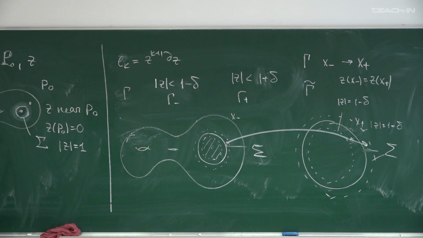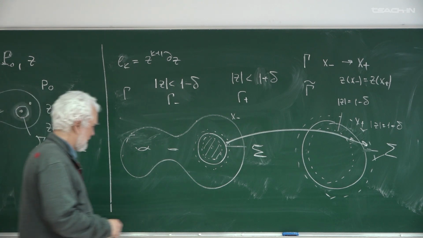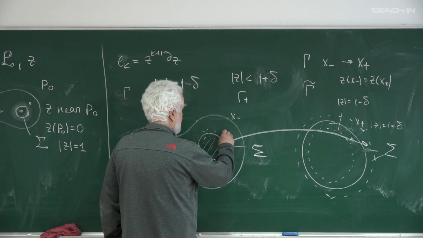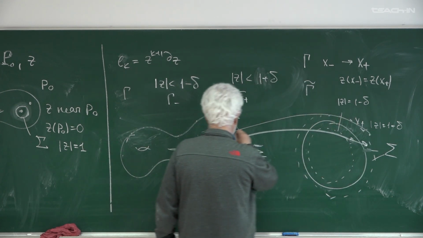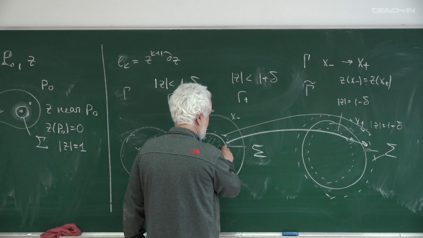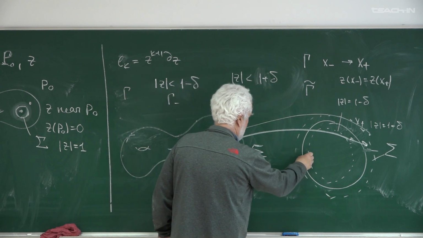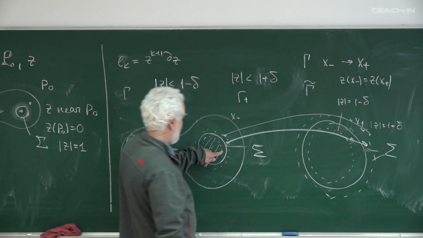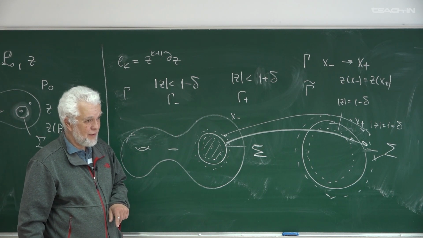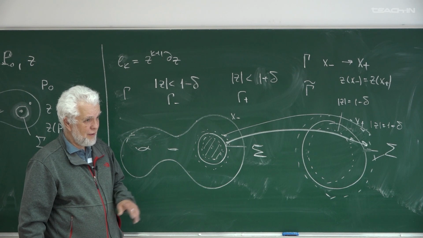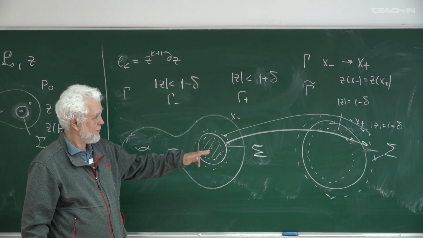You have some overlap, 1 minus delta, 1 plus delta. We glue this to this. Trivial gluing. Yes, we simply glue.